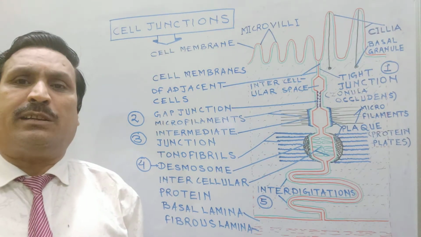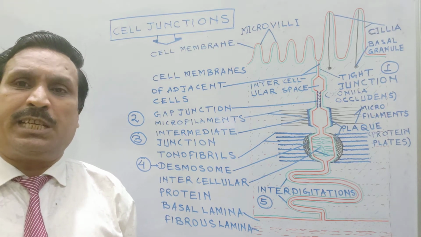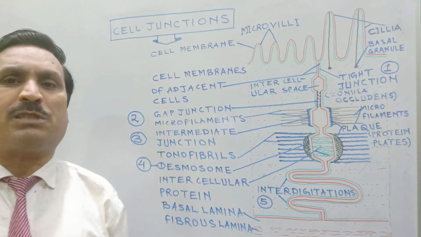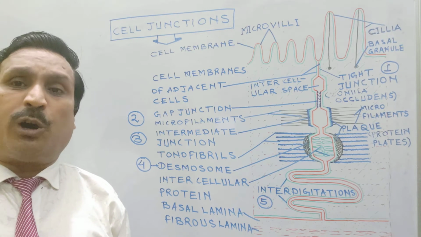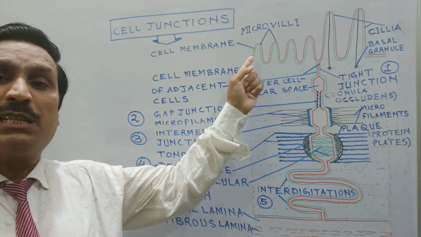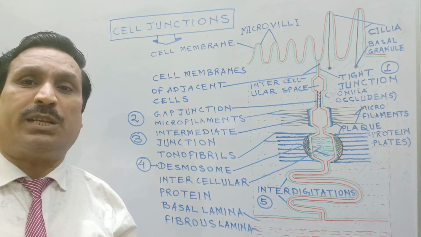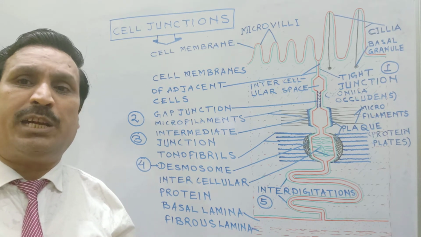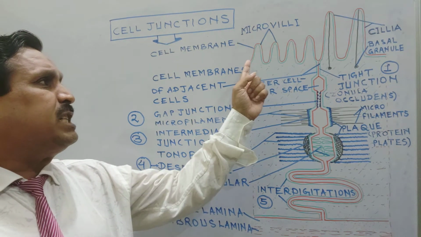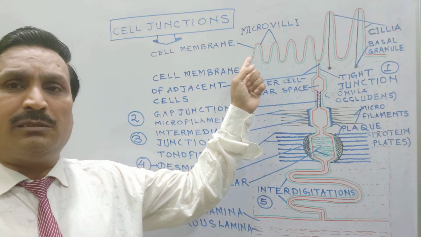Each and every student knows about microvilli, as they are present in the ileum part of our small intestine, forming the brush border. These microvilli in the ileum increase the total surface area of absorption, because in the ileum digested food is absorbed. That is why these microvilli are present in the ileum part of our small intestine.